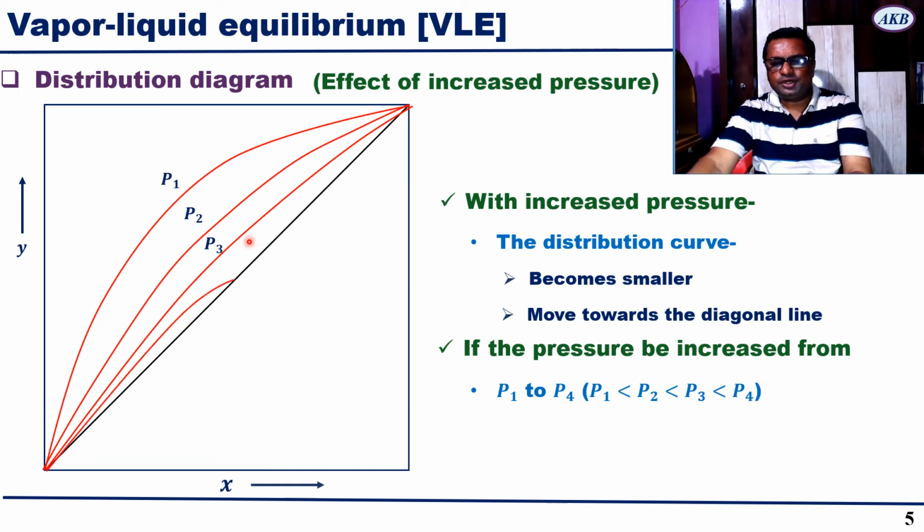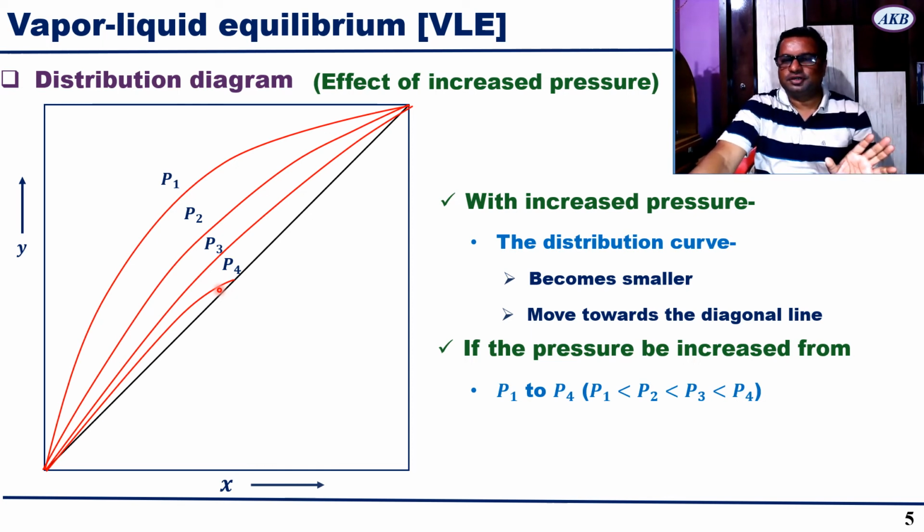Okay, so beyond P3, say at pressure P4, you can see the distribution curve is no longer existing. So in this case, P3 is the critical pressure of either of the components. That means if pressure becomes greater than the critical pressure of either of the components, there will be no existence of the distribution curve.